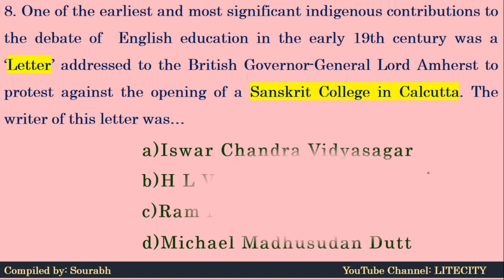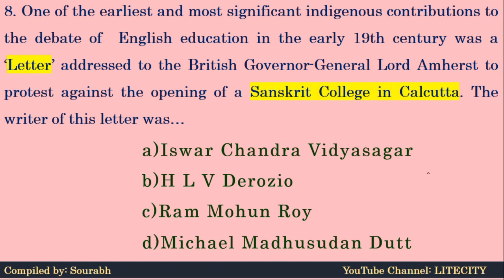So your options are Ishwar Chand Vidyasagar, H.L.V. Derozio, Raja Ram Mohan Roy, or Michael Madhusudan Dutt. All four belonging to, we can say, West Bengal and the intellectual movement, the Bengal Renaissance, we call it.